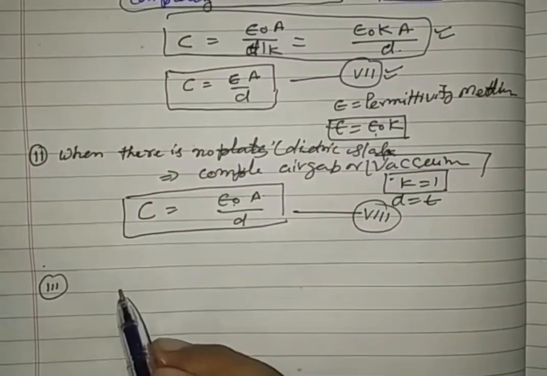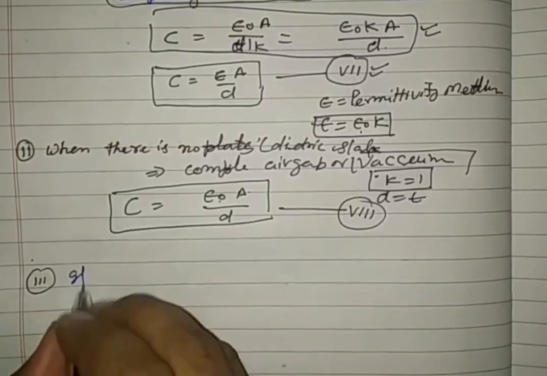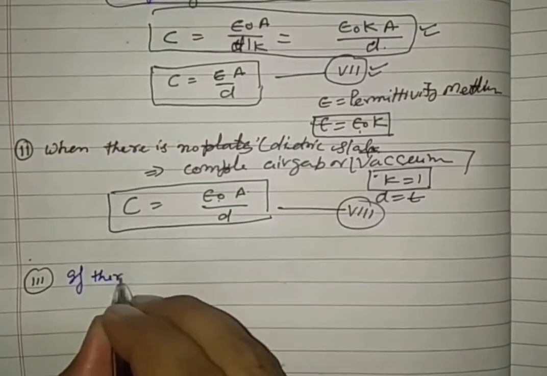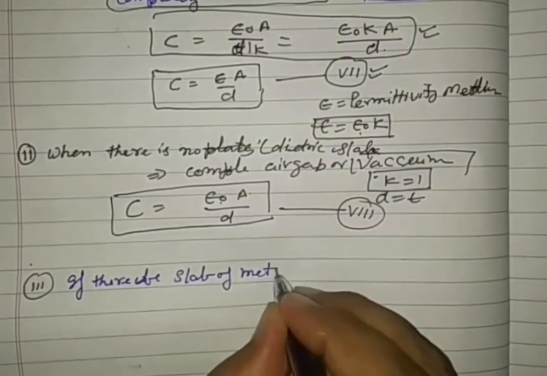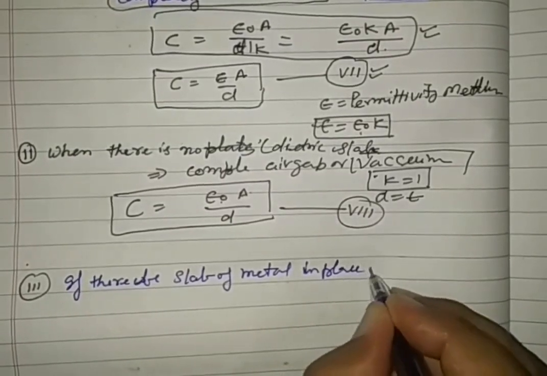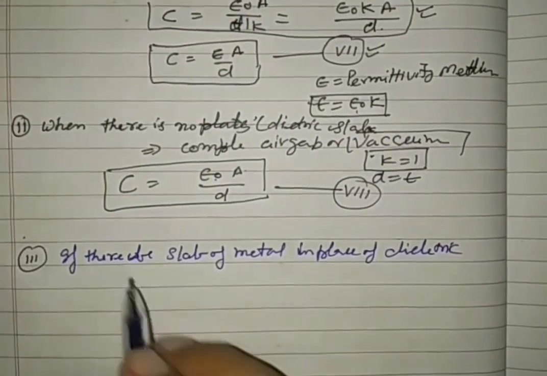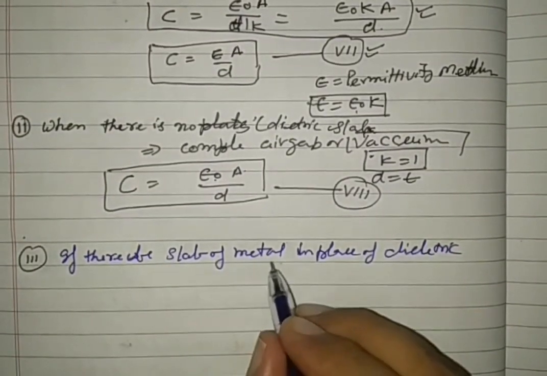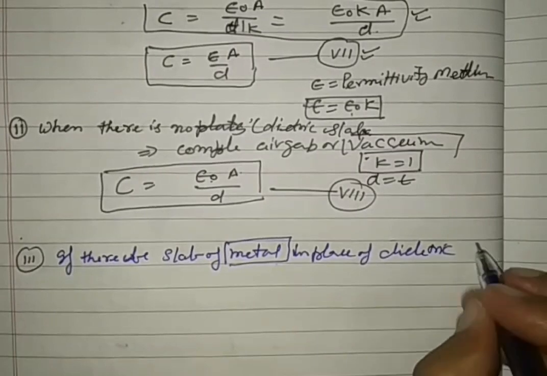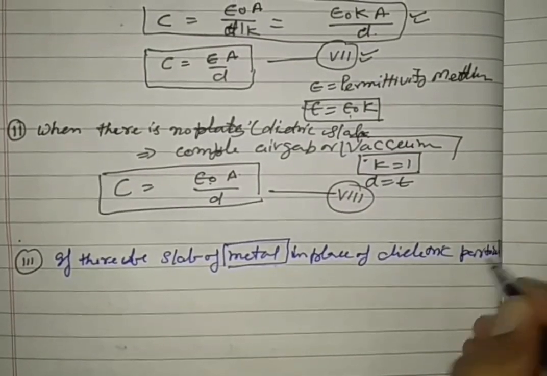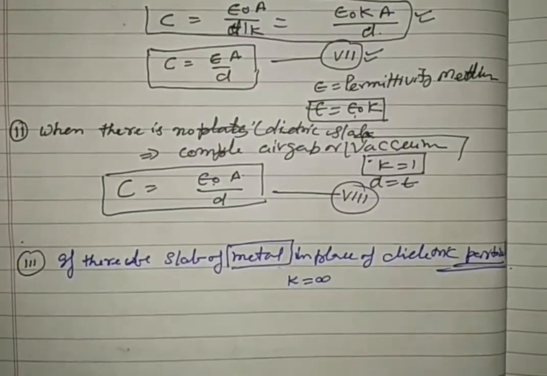What is the third one? If there is a slab of metal in place of dielectric, placed partially, not completely, then in that condition K becomes infinite.